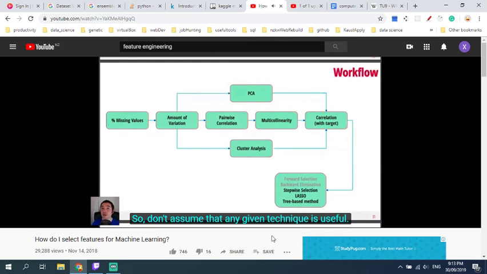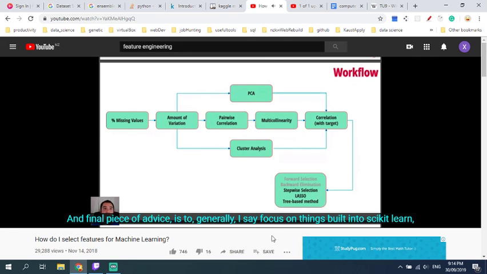So don't assume that any given technique is useful. You need to set up your model evaluation procedure first, and then try these things and see if they are actually helping, because if they are not, then abandon them. And you're never going to know a priori whether something's going to work on a given data set or a given problem, so you have to try it.